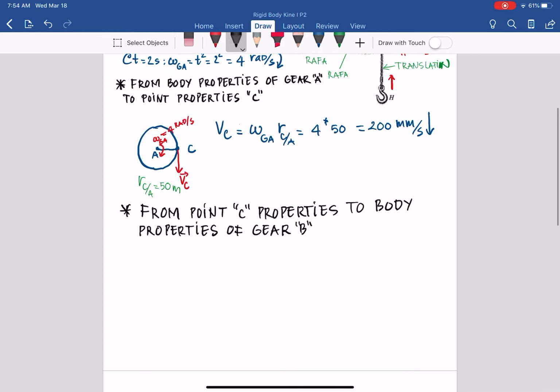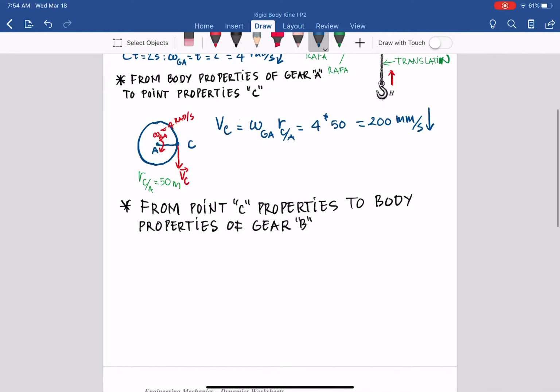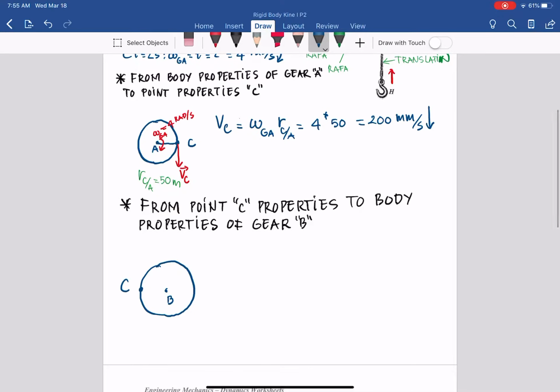So draw the Rafa stick for gear B. So B and C now on the left side. As we already found Vc, start with what is already known.